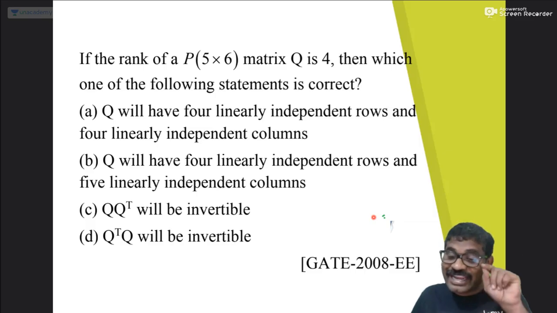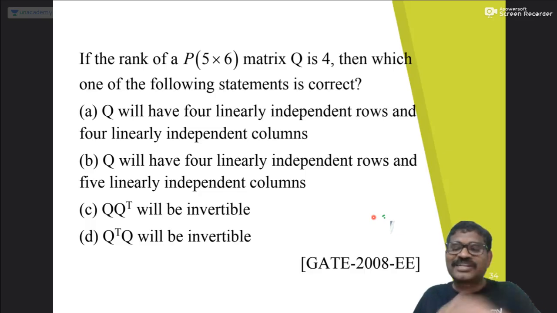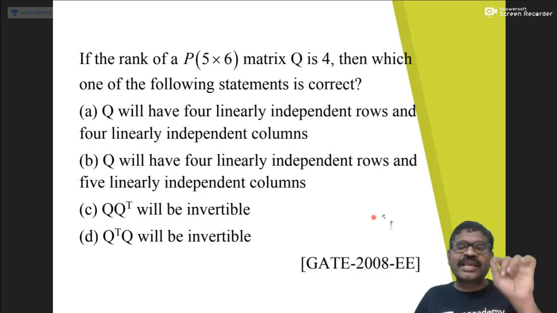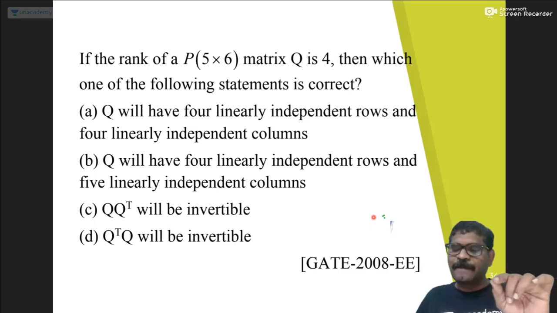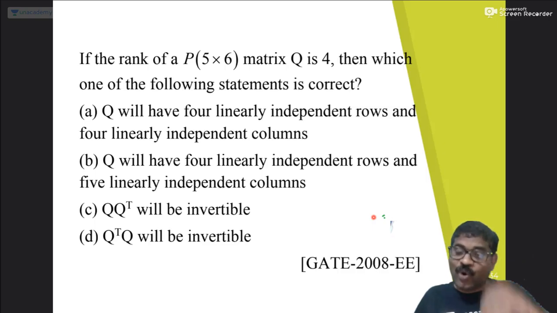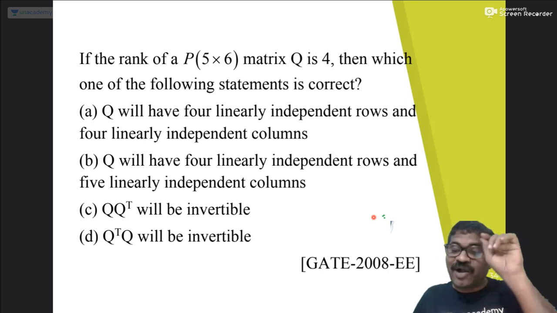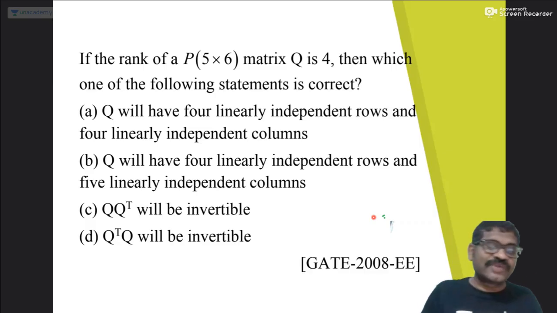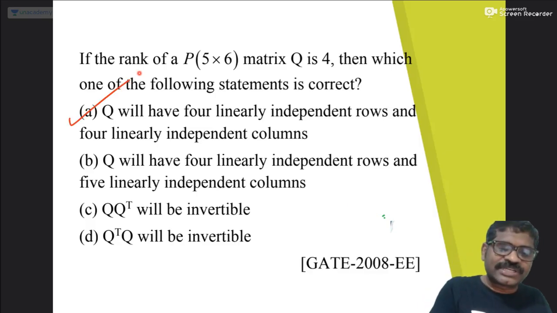So rank declares not only independent row vectors but also independent column vectors. That's why rank 4 means there are 4 linearly independent rows as well as 4 linearly independent columns. That's why the first option is correct.